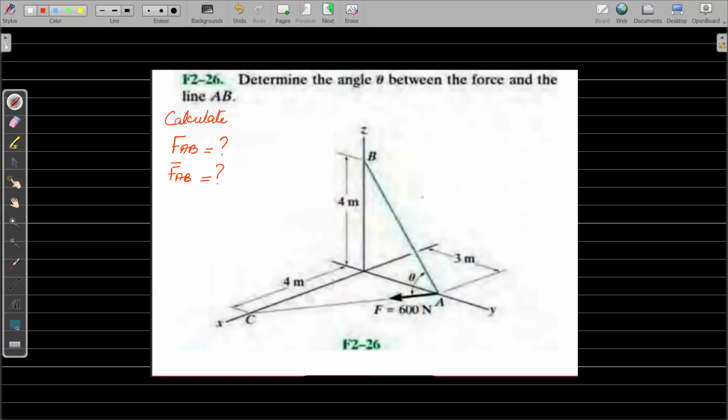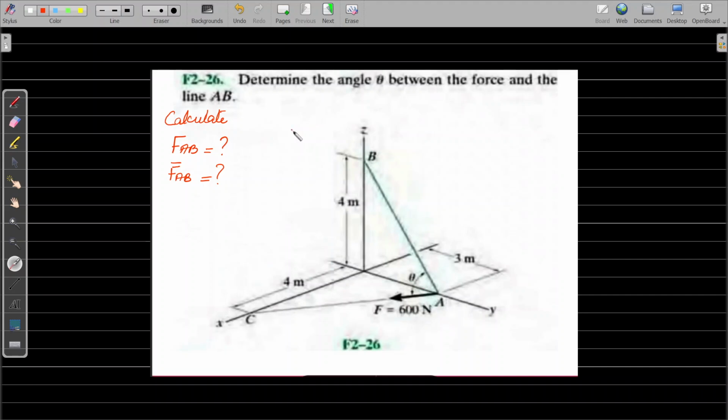If you look at it, this is our problem, and we need to calculate this theta over here. But I have also added some more unknowns. You need to calculate the magnitude of force AB, which is basically the projection of this force on the line AB.